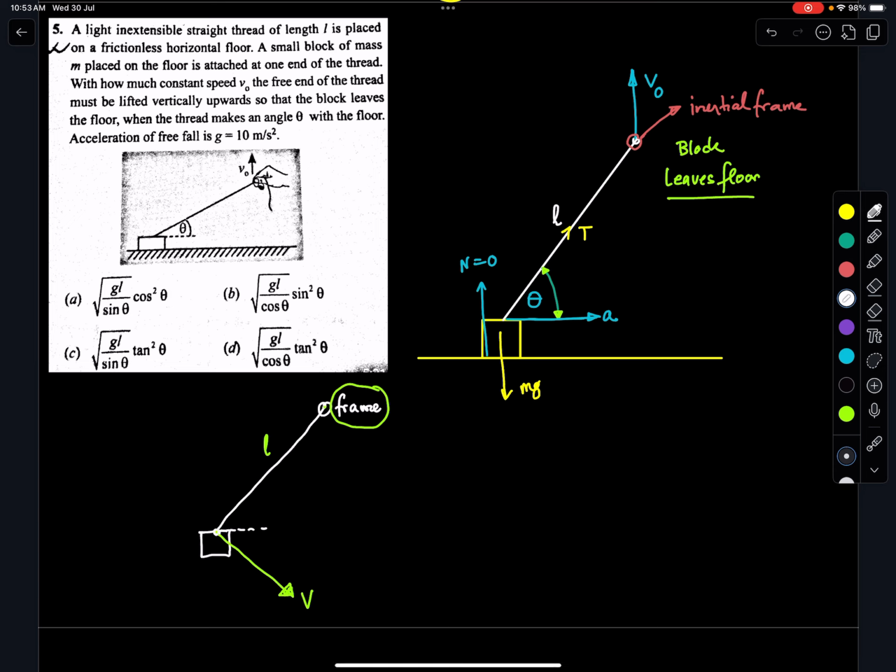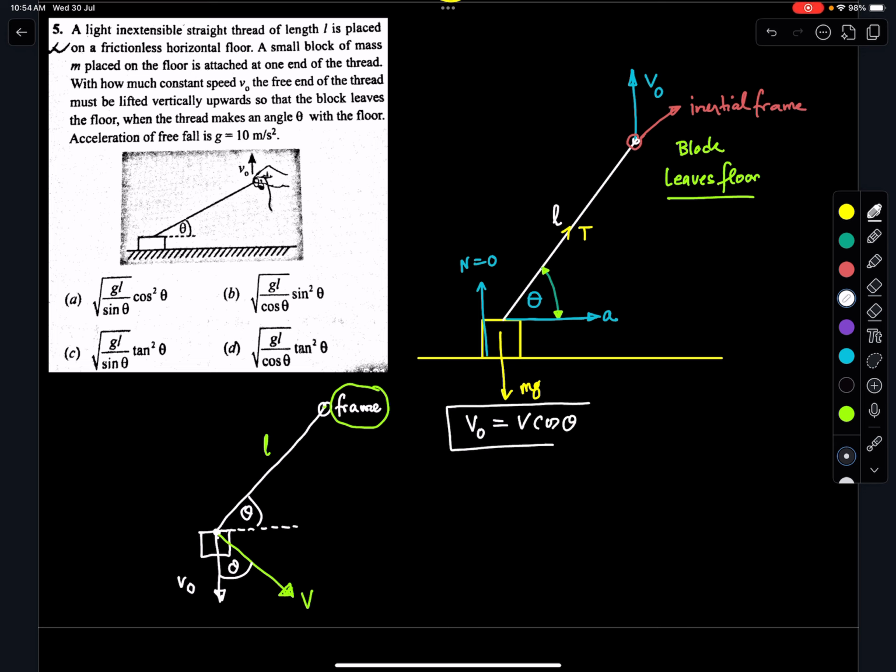So we'll take the component of v. This component of v is v naught, and this angle is again theta. So we can write v naught is equal to v cos theta.